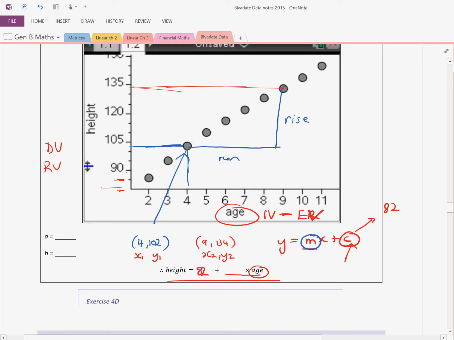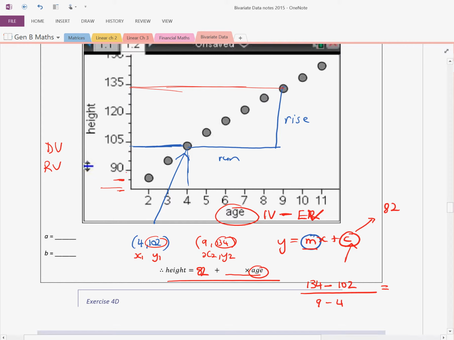So what we need to do is work out rise over run. Well, we could say y2 minus y1, which is 134 minus 102, over the run, which is 9 minus 4. You're not always going to get a nice round number, especially when you're doing things in your calculator. If you're going to do some rounding, you might want to round to 1 or 2 decimal places. But what's that going to give me?